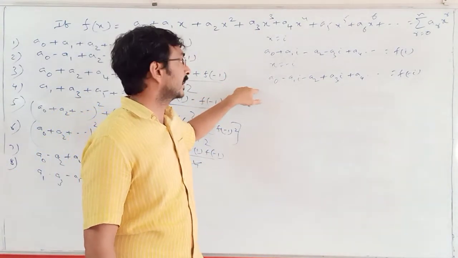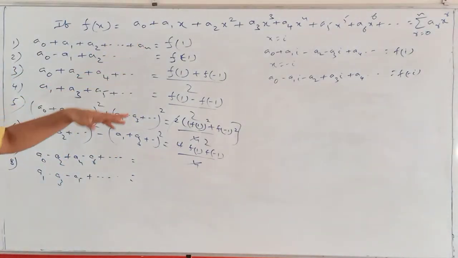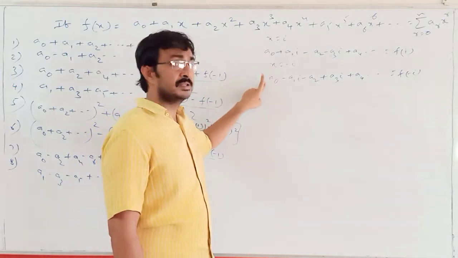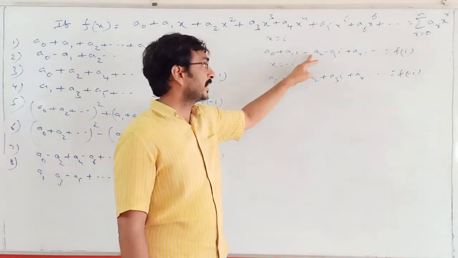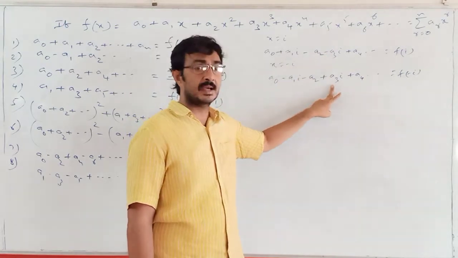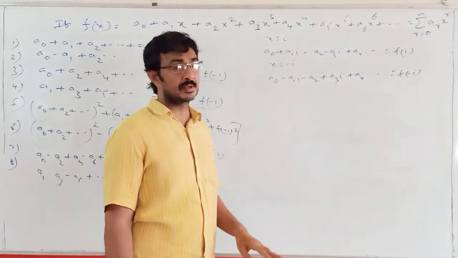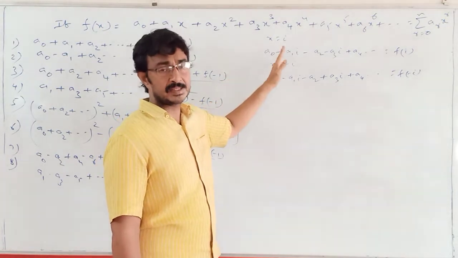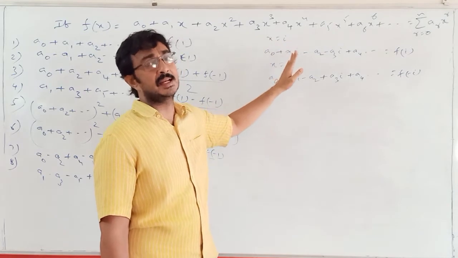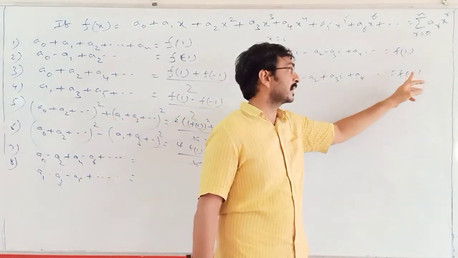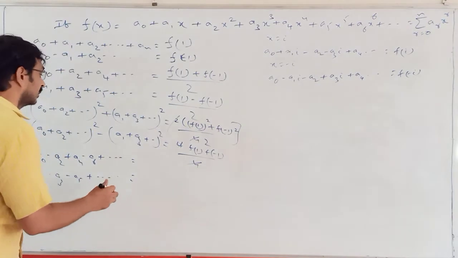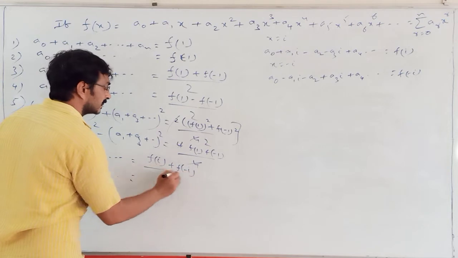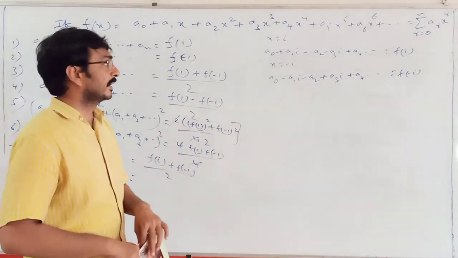See these two, clearly. By adding these two, we get the first one. By subtracting, we get the second one. Okay. So by adding, 2a0, these two are cancelled, minus 2a2, the next two terms are cancelled, plus 2a4 and so on. Therefore, by adding these two, 2 times (a0 minus a2 plus a4 minus a6 and so on) equals f of i plus f of minus i. Therefore, the required value is (f of i plus f of minus i) by 2.